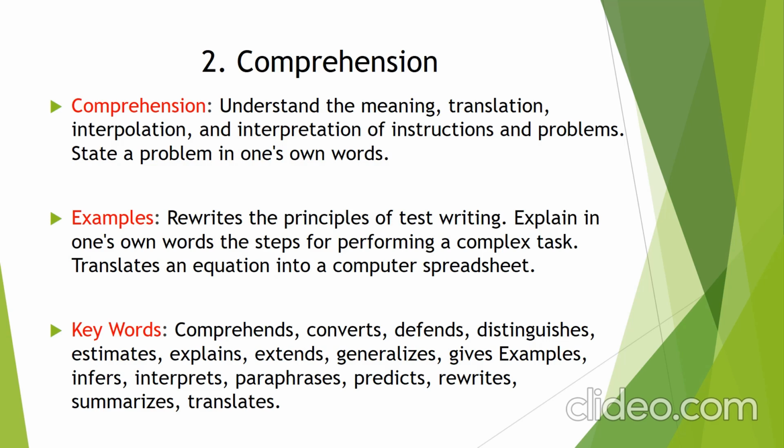Examples is like rewriting the principle of test writing, explaining in one's own words the step of performing a complex task, translating an equation into a computer spreadsheet. Keywords: comprehend, convert, defend, distinguish, estimate, explain, extend, generalize, give examples, infer, interpret, paraphrase, predict, rewrite, summarize, translate.